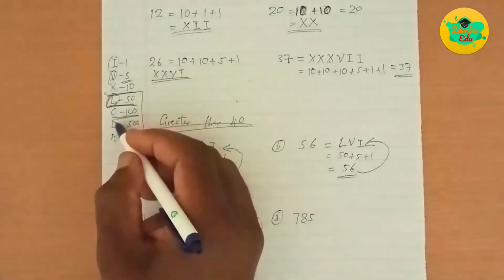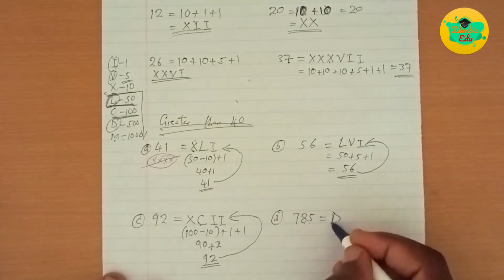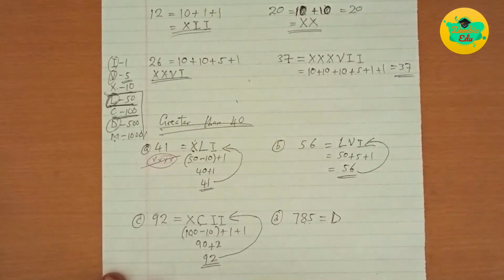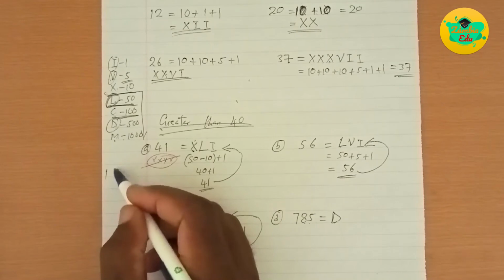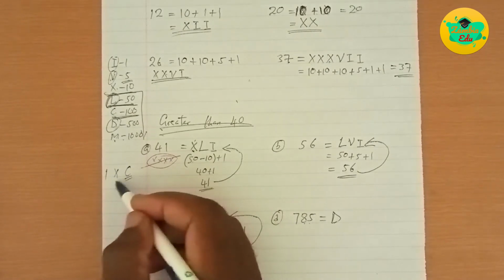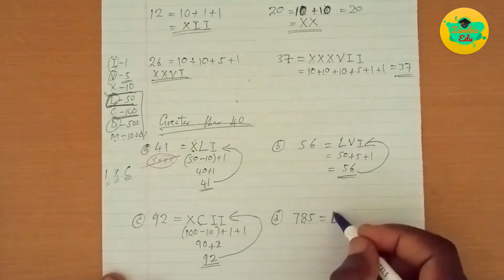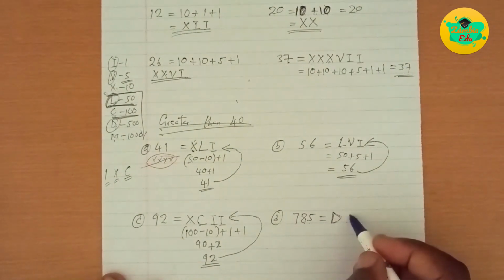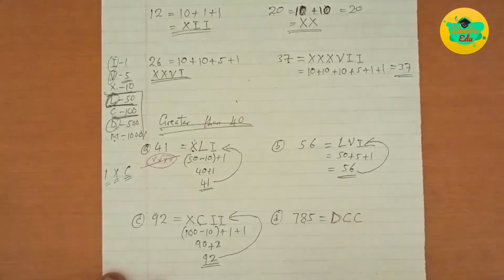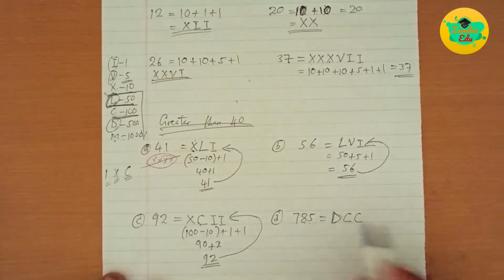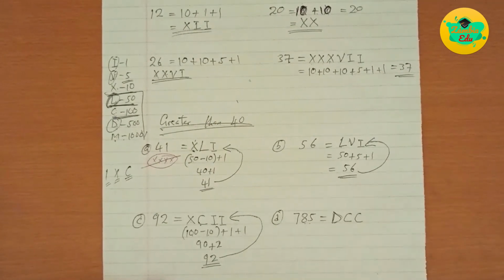There we are going to use firstly D, 500. So remember we said that I, X, C can be repeated. D cannot be repeated. So we get D. Then we add C, 100, plus another 100. That is now 700. C can be repeated at least up to 3 times.